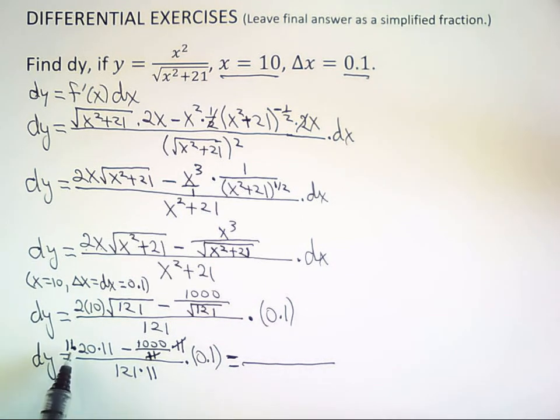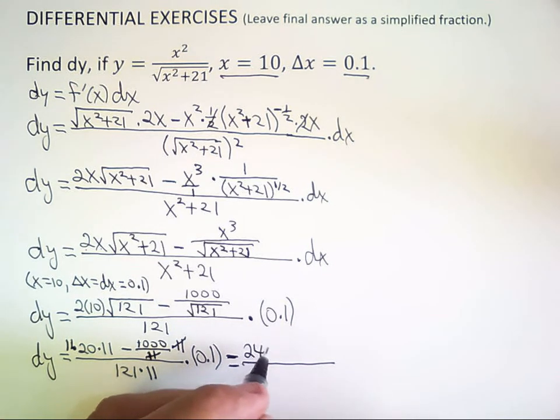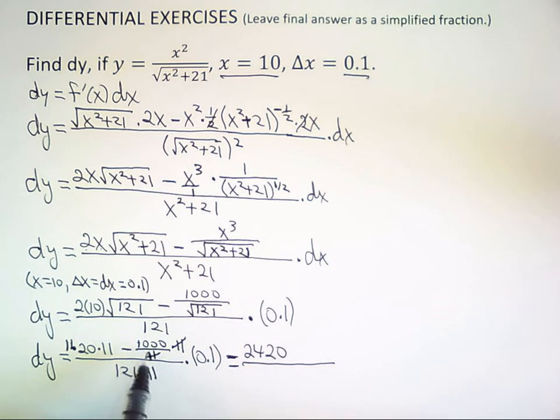And I'll let you do that on your calculator yourself, but 11 times 11 times 20 turns out to be 2,420. And then here the 11s cancel, so you just get minus 1,000. And then that's divided by 121 times 11, which again I'll let you double check, but it's 1331.